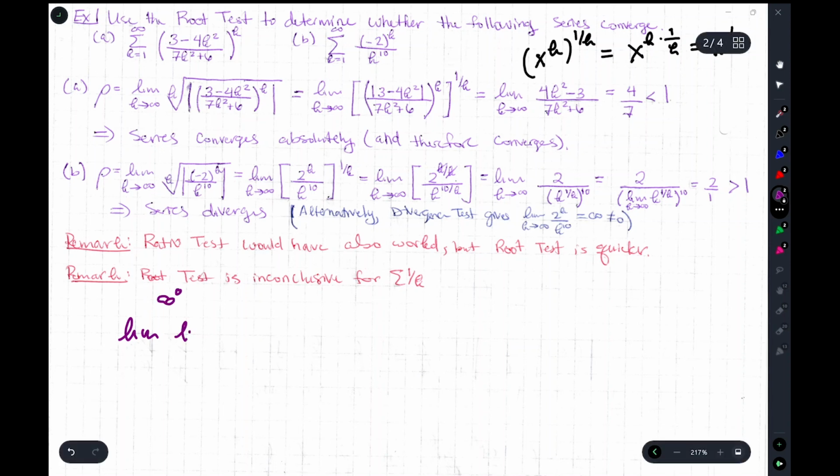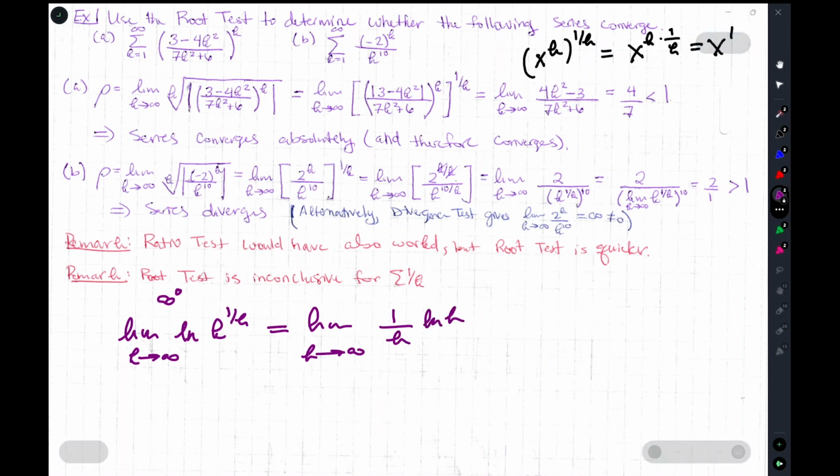And so we'll take the natural log of that term, and we're taking the limit as k goes to infinity. We'll exponentiate whatever we find of the limit of the natural log at the end. So we'll have 1 over k natural log, by the property of logarithms.